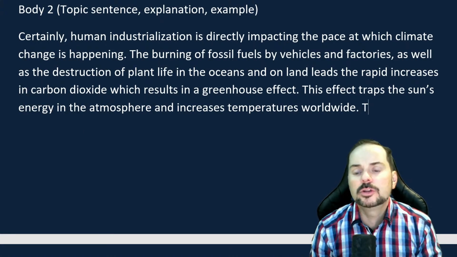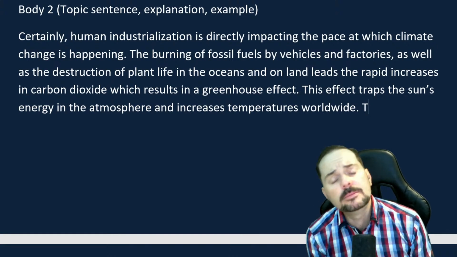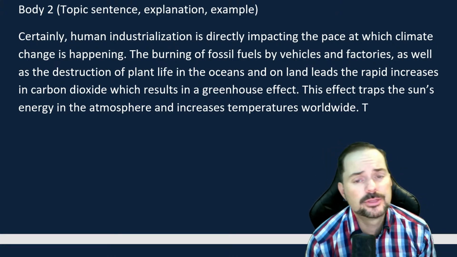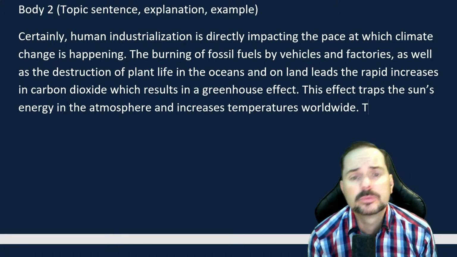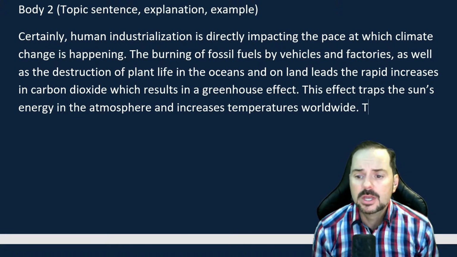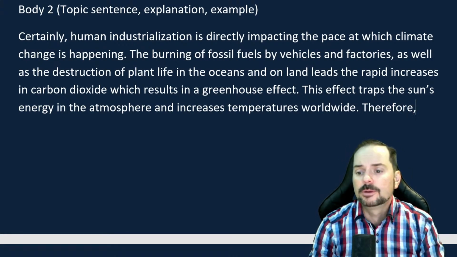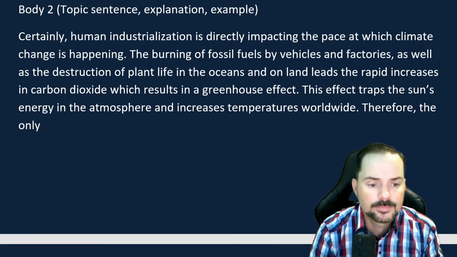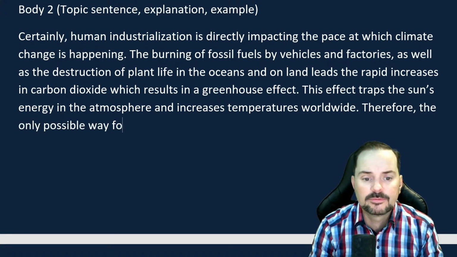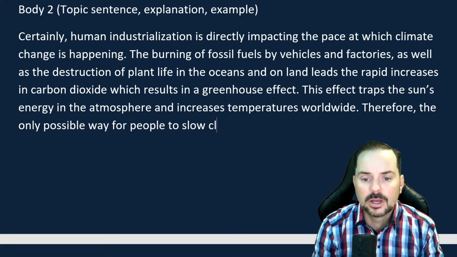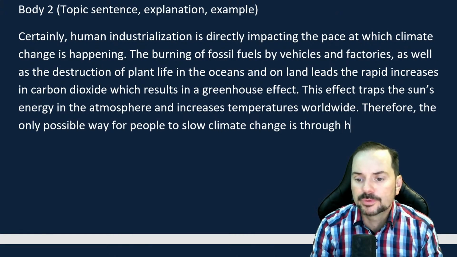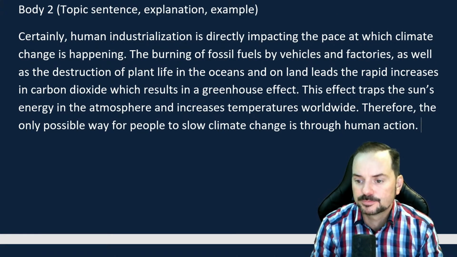Therefore, and I'm keeping in mind that I have 40 minutes. I have to review my essay. So I'm not going to write a third paragraph here because I'm starting to really run out of time, right? So, therefore, the only possible way for people to slow climate change is through human action.